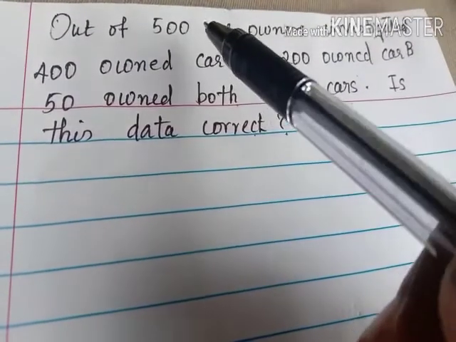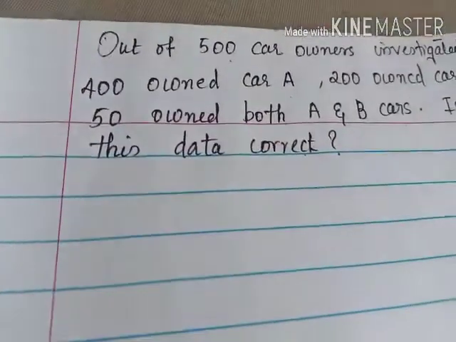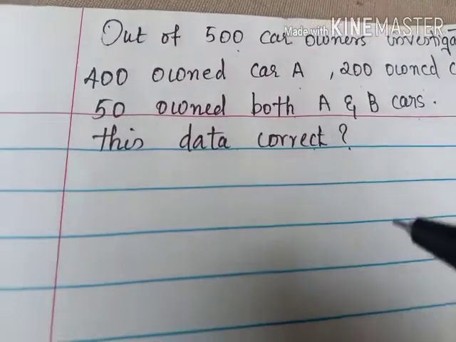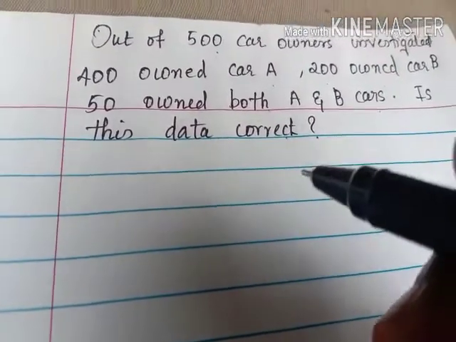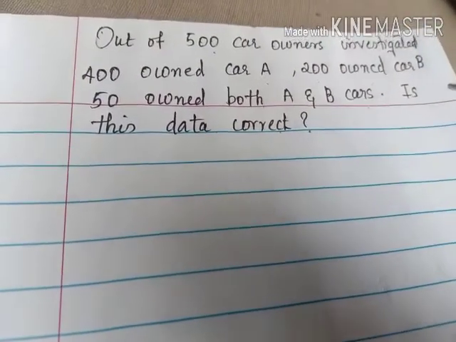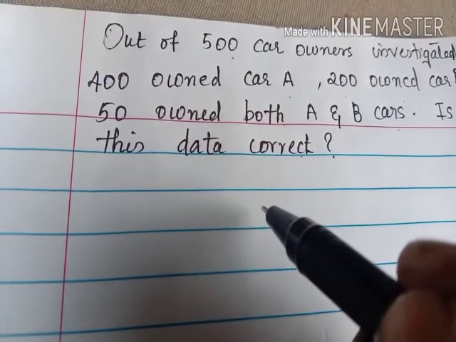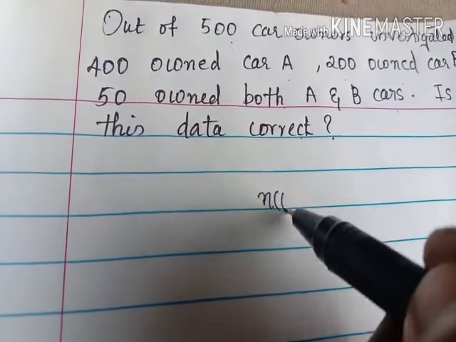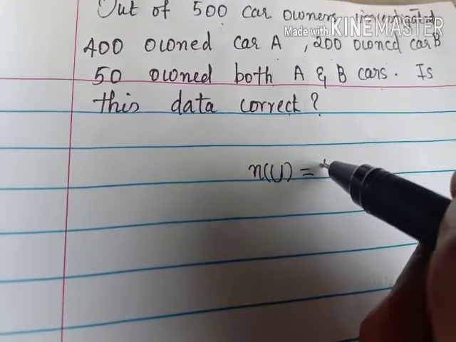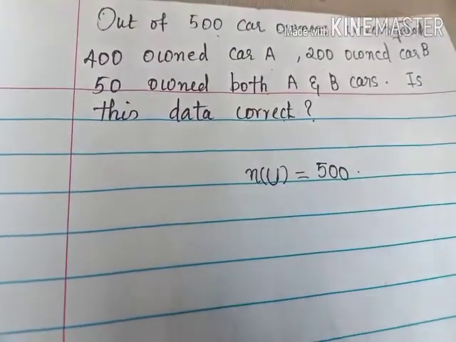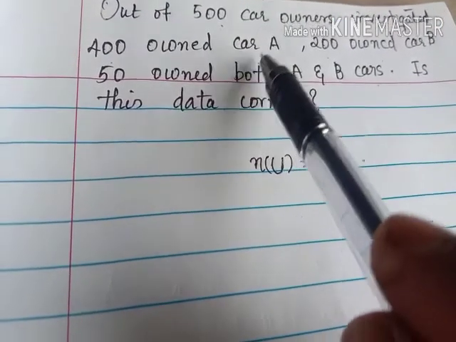Out of 500 car owners means the total number of car owners investigated. So we can consider this 500 as our universal set.